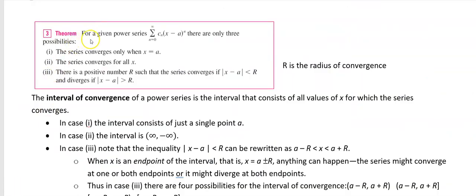Now, just as a review of the general ideas for our power series, here is our power series form, and there are only 3 possibilities for answers. In option 1, the series converges at one particular value when x equals a. So this is an example like the one we just did, kind of like our prior example.